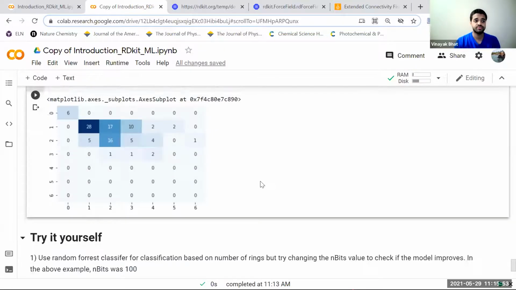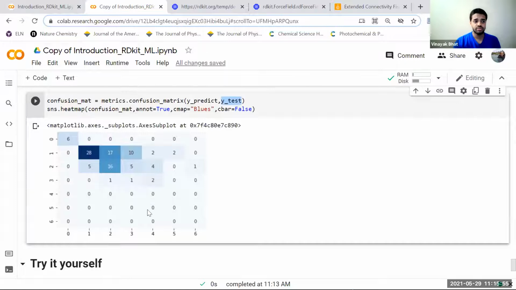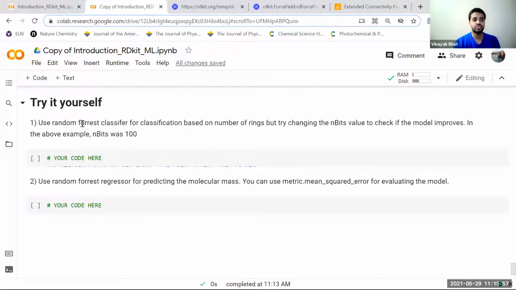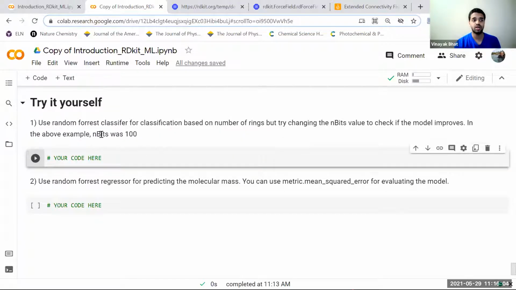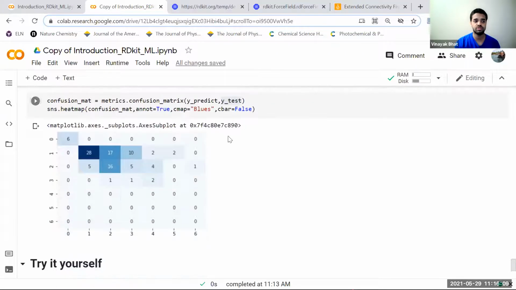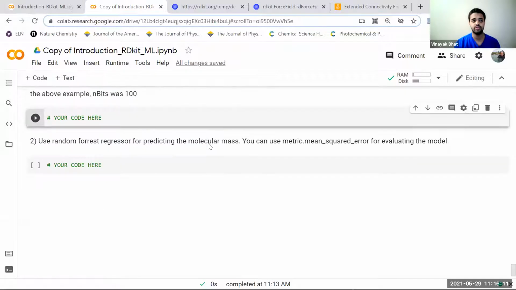So if you have done this, what you can now try to do is use the same thing and see whether using a higher value of number of bits improves this model in any sense. So we used 100, if you remember, so you can use higher values. People sometimes go to 2048 or 1024.